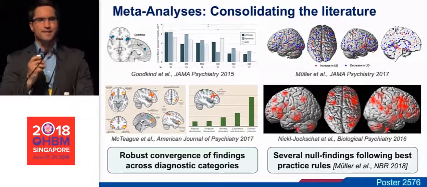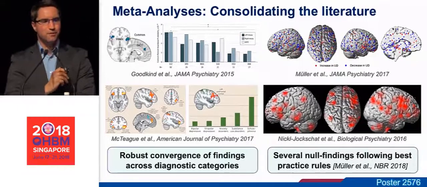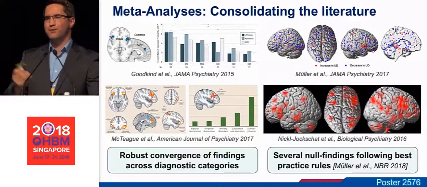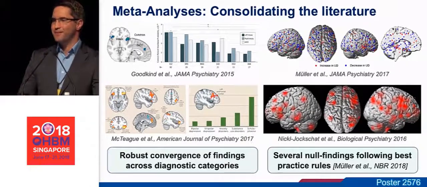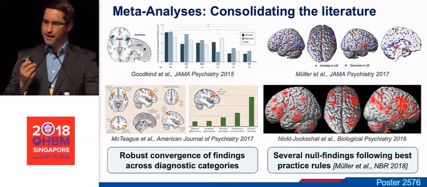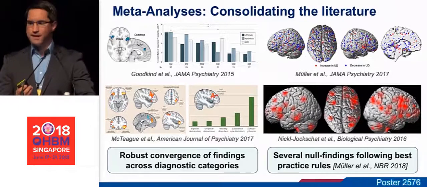Now, this has almost put the meta-analysis field in a very problematic position. Why? Because at some point, we were facing the criticism, you always find something. It's trivial. And so I was very happy that we had two major null results.